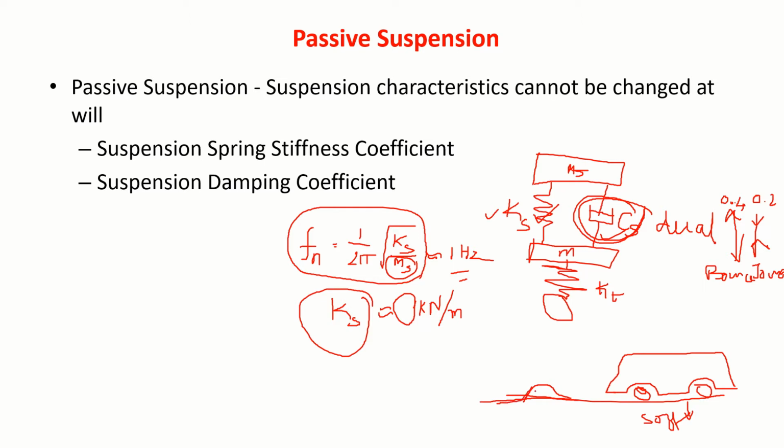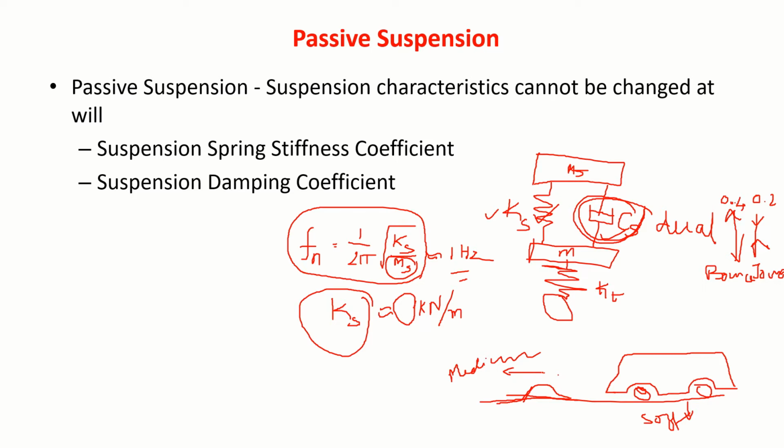Again, you're climbing down, you are running at a particular speed. If it is too hard, then the suspension will not respond. Then it may lose the road holding. That time it may become, say, medium. Okay, that is damping coefficient, and Ks must be something different.